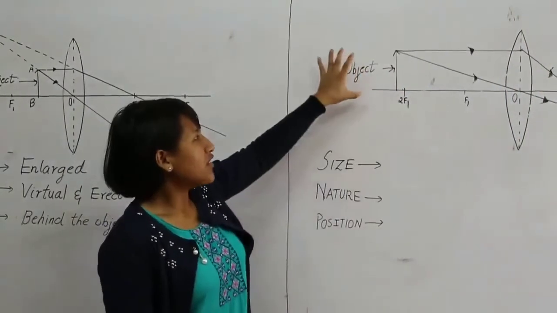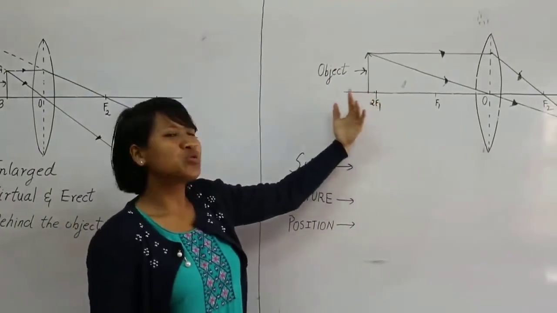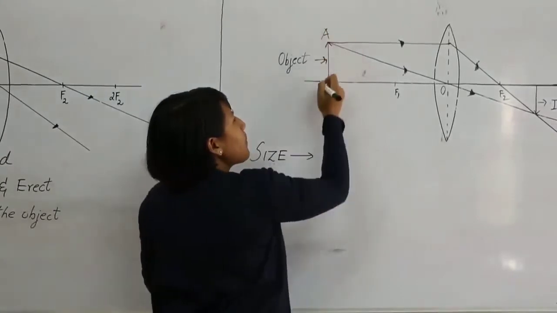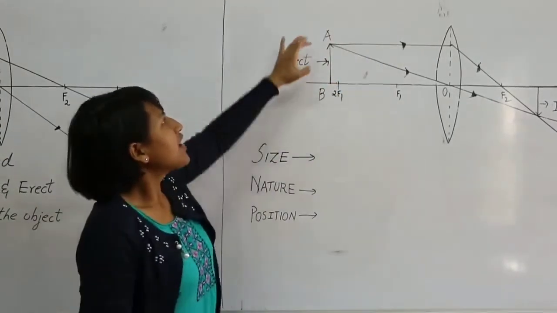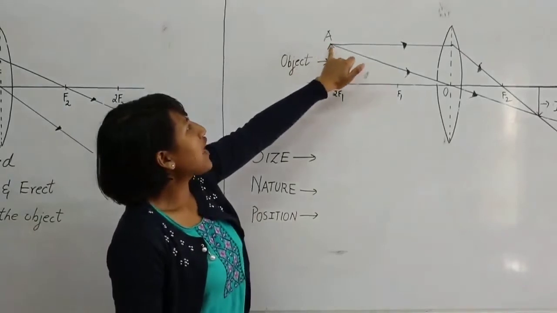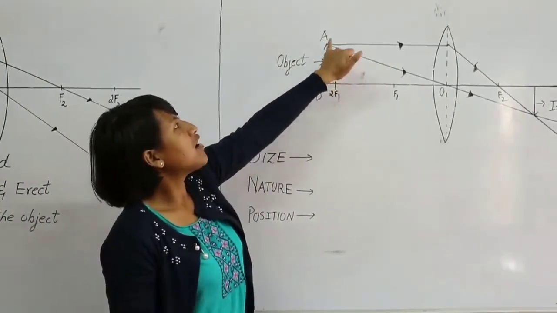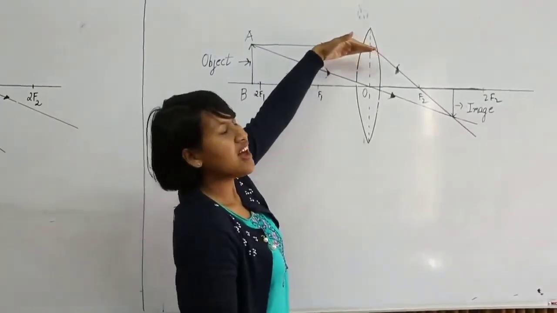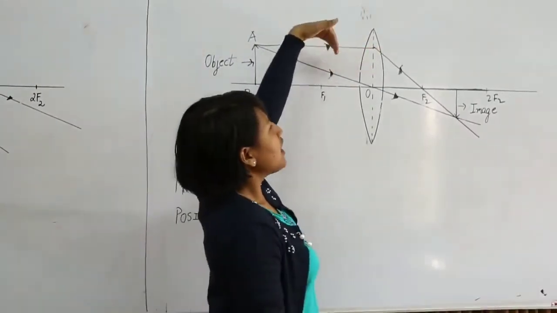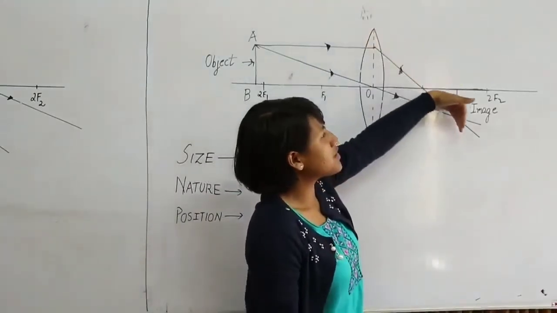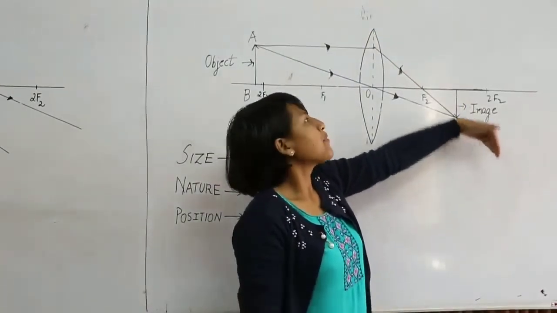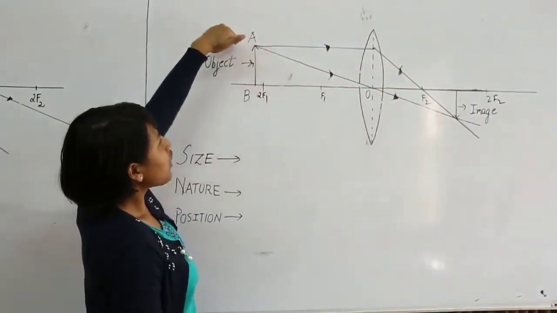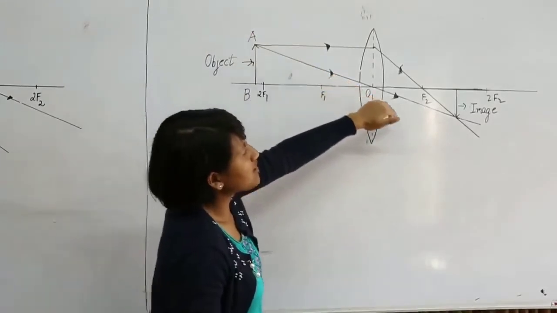When the object is placed beyond 2f1, this is the object AB. A ray of light from point A, parallel to the principal axis, is drawn, and according to the first rule, it will pass through the second principal focus. Then the second ray of light is the ray which passes through the optical center.